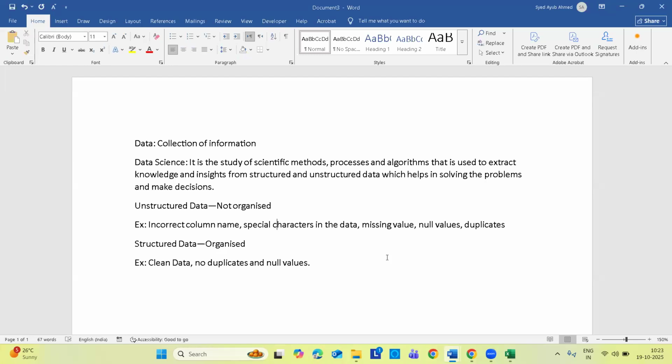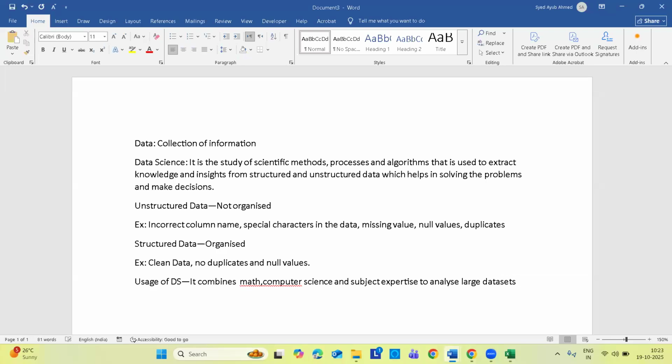Basically, why we use data science, as I told, it combines math, computer science knowledge, and subject expertise you need in order to understand the data, to analyze large data sets.